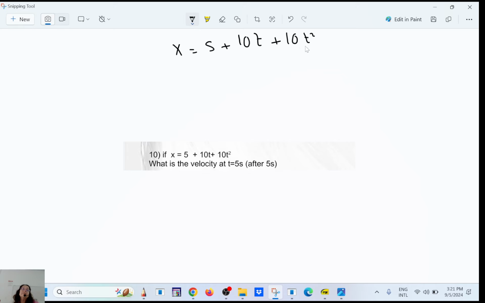So we have to do that in 2 steps. So what's the initial position? 5. What's the initial velocity? 10. What's the acceleration? 20. Very good. Do you all agree that it's 20? Because that here is half of the acceleration, or 1/2.